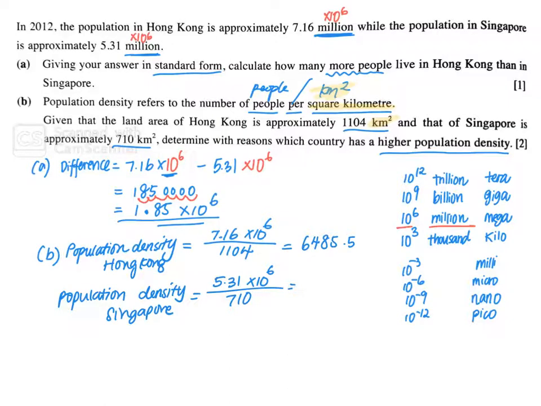And this gives me a population density of approximately 7478.956 people per kilometer square. So comparing this, which country has a higher population density? Singapore has a population density of 7478.9 people per kilometer square. Therefore, Singapore has a higher population density.